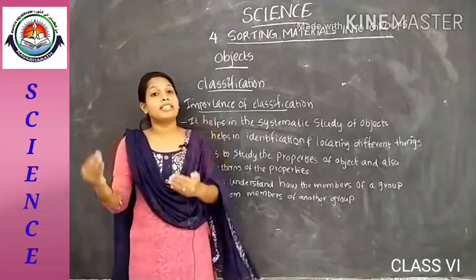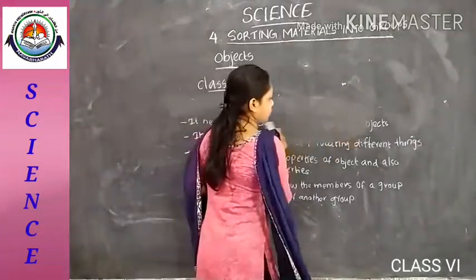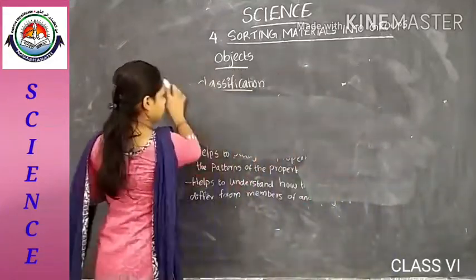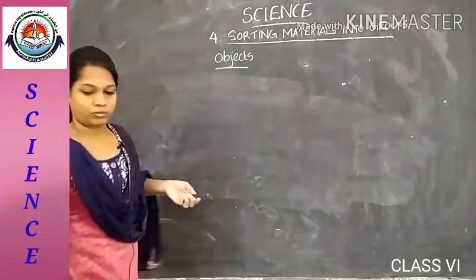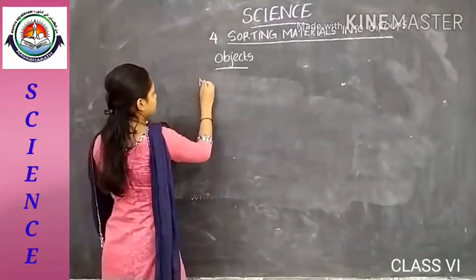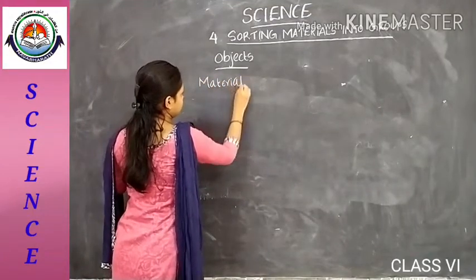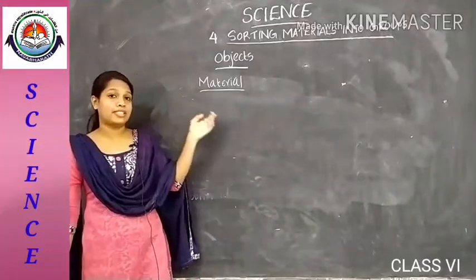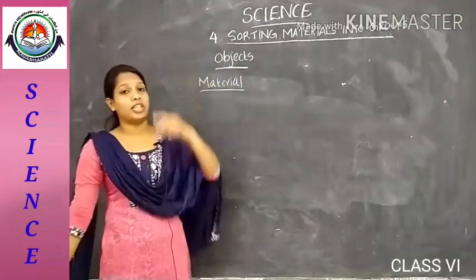Okay. So then we are moving on to the next area, that is, what is a material? Material is the thing or substance that is used to prepare the objects.